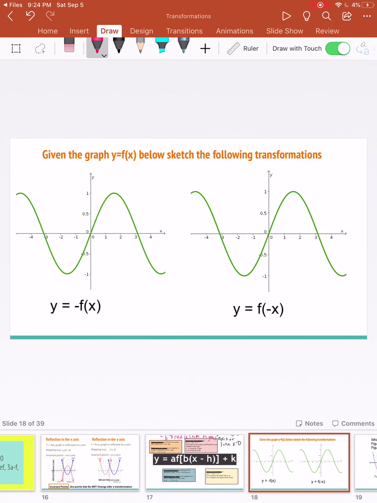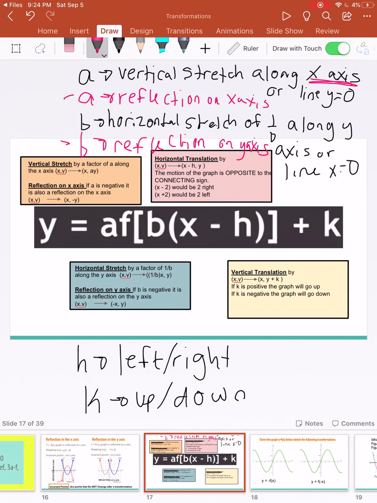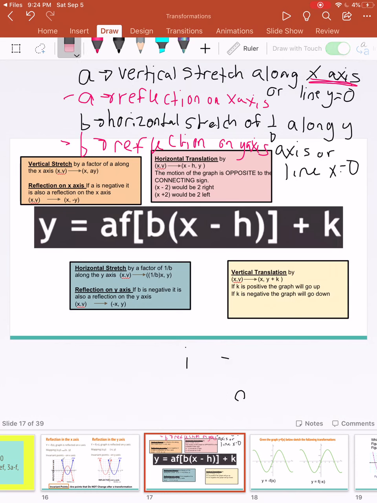Something else I'm going to point out really quickly here, grab my highlighter, is anything outside of that function notation is going to affect my y variable. So when you're working with mapping coordinates, and we've talked about mapping coordinates in our last lesson, anything outside of that function notation is going to affect my y variable.